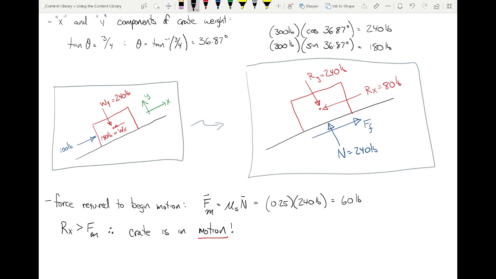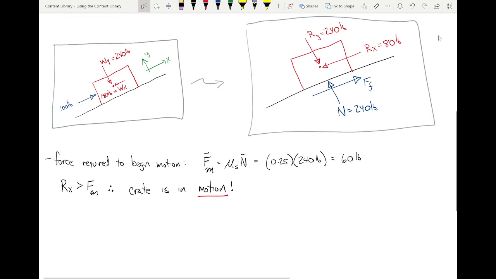How much force is resisting the crate moving? It's simpler than that. It's exactly right. It's just Fk. It's just mu k N. Because the crate is in motion, how much friction is developed? The friction developed during motion. Therefore, the friction is just this.